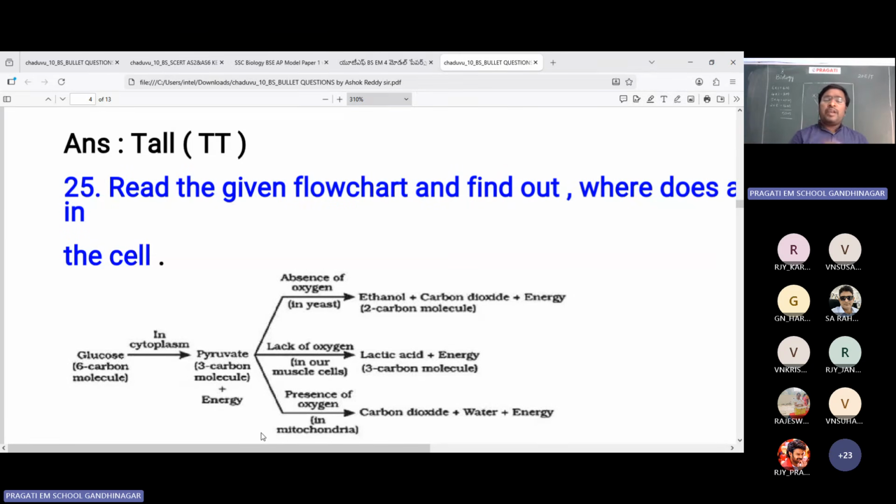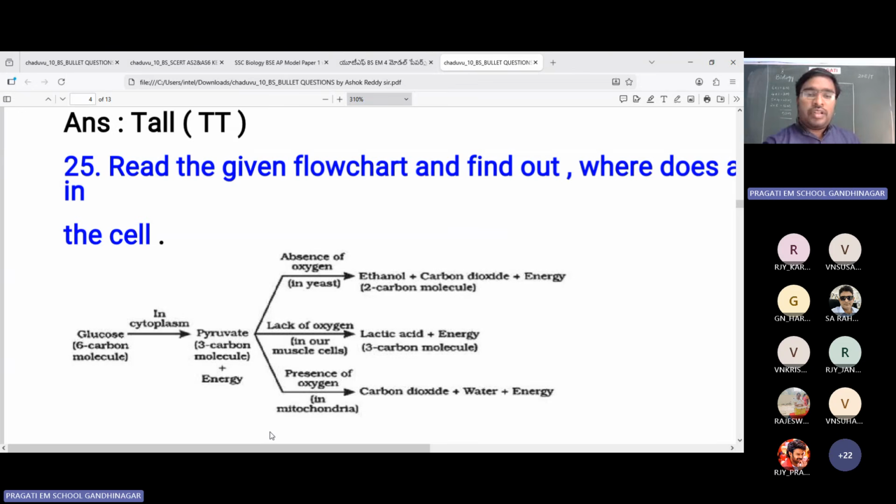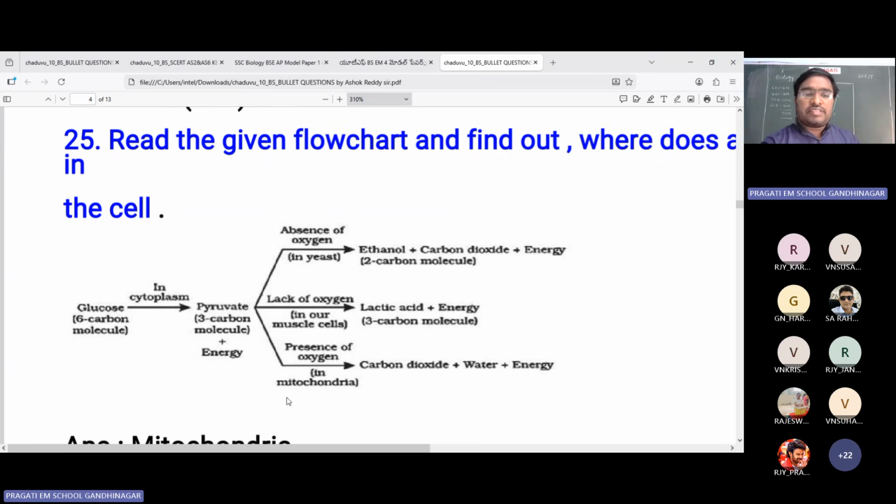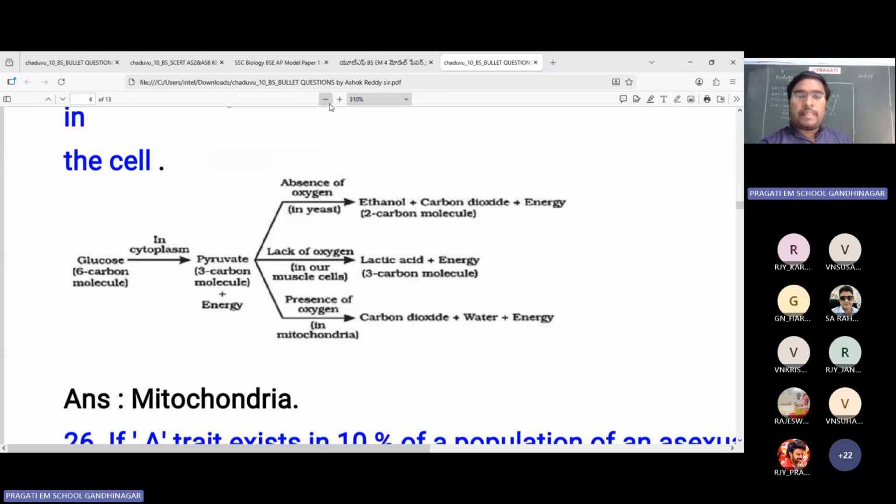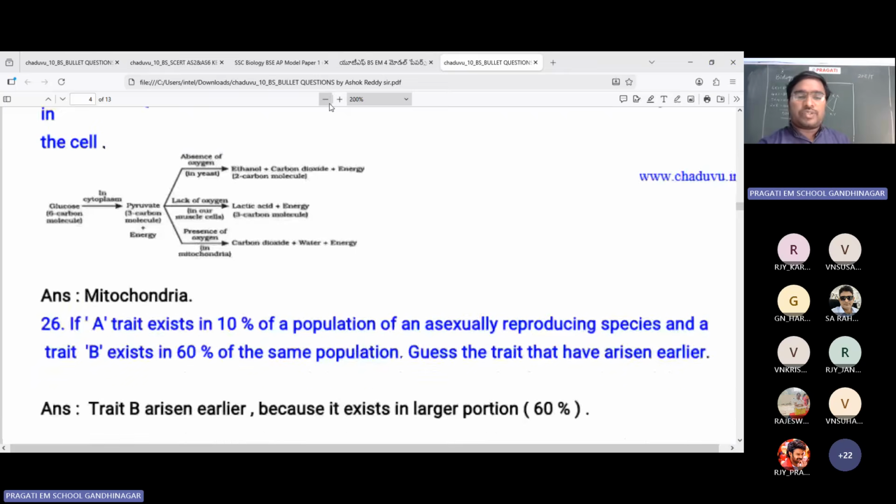So in the presence of oxygen, that means aerobic respiration, it takes place in mitochondria. Answer is mitochondria.